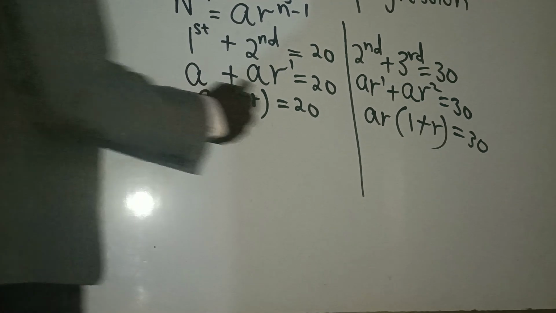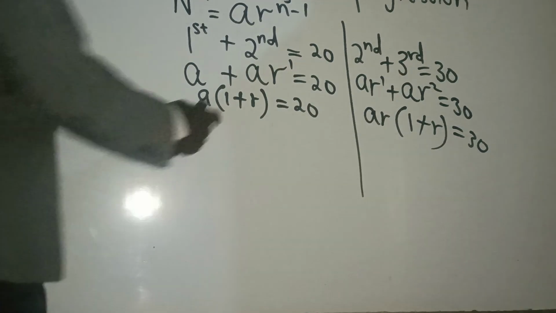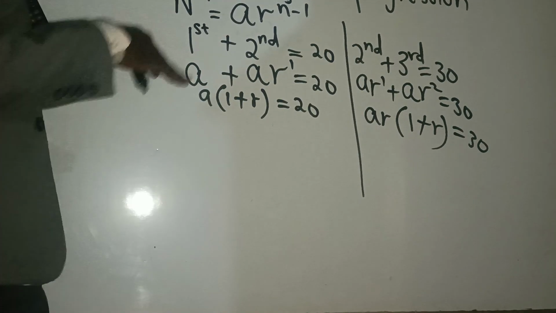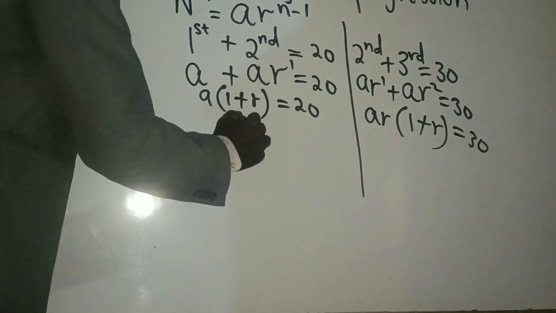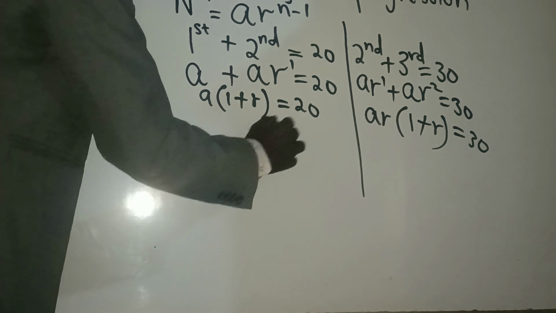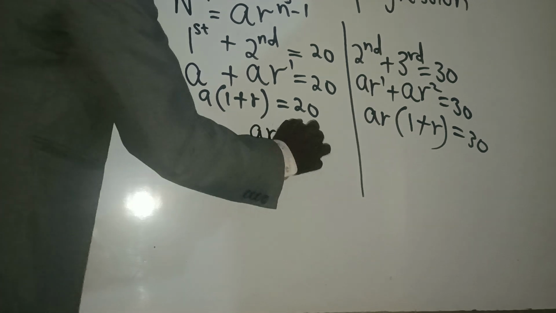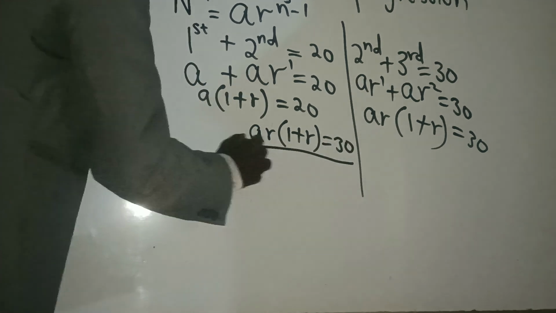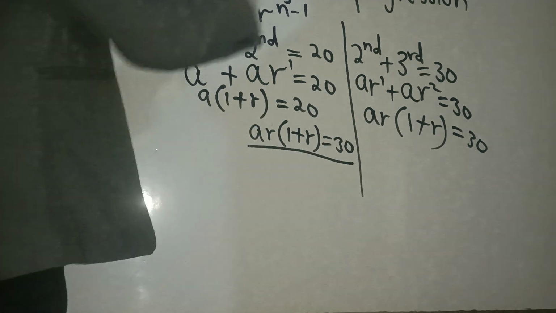So I can take this and this and compare. Let me take this over this, because I'm looking for the common ratio. So I'll say AR into 1 plus R, close the brackets, is equal to 30. Then I divide by the first and second, 20.